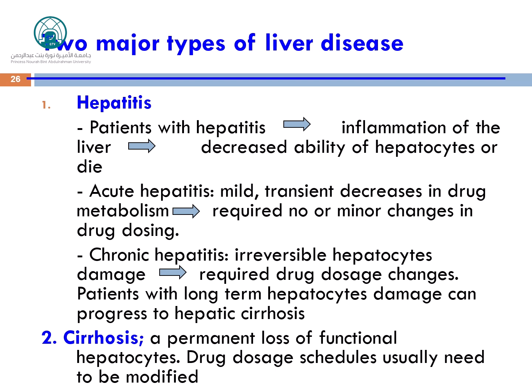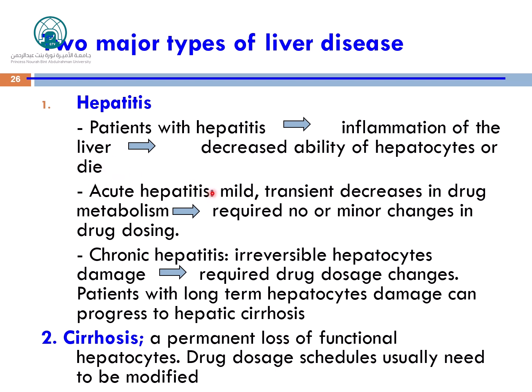Patients with hepatitis have an inflammation of the liver with decreased ability of the hepatocytes, or they are dying. Hepatocytes are the liver cells. We have acute hepatitis and chronic hepatitis. The death here is related to the hepatocytes themselves, the liver cells.